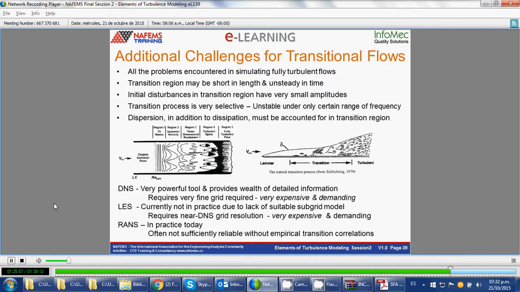You cannot assume steady, so you cannot use time averaging in that sense. So not only do you have dissipation, you have amplification as well, and dispersion in transition. And transition is kind of a selective process. Certain instability all of a sudden becomes amplified and dispersed.